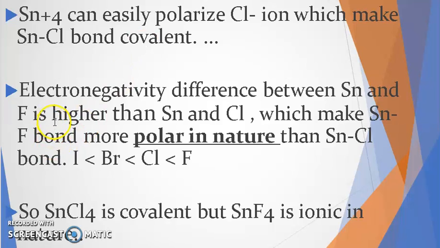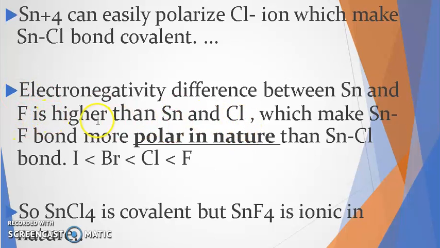You can have a reason here. The electronegativity difference between tin and fluorine is higher than between tin and chlorine. Why? The general property of the halogen atoms is that fluorine has more electronegativity than chlorine.